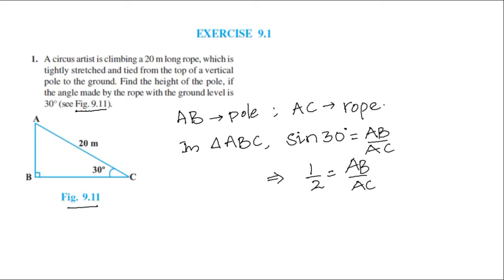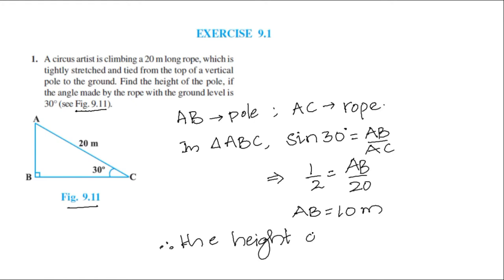Instead of AC, I'll mention 20 meters. Now we can find the length of AB. The length of AB becomes 10 meter. Therefore, the height of the pole is 10 meter.